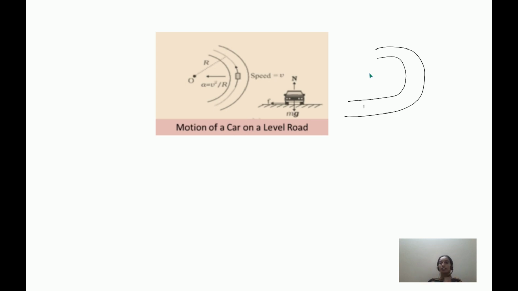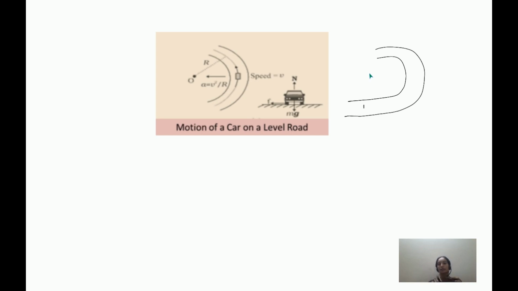If some object has to take a circular path, what type of force is necessary? Centripetal. Yes, it is centripetal force. Whenever there is a circular path or circular trajectory, the force should be centripetal in nature.